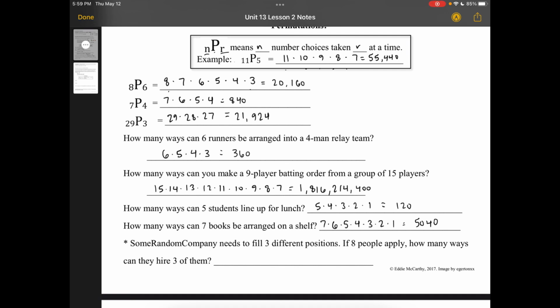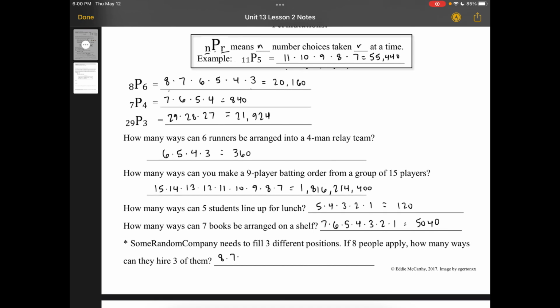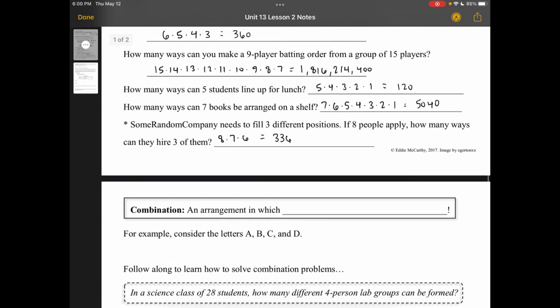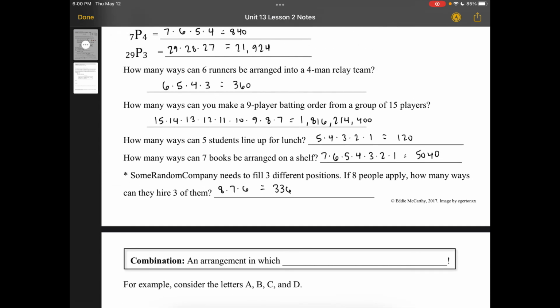That's going to be 8 choose 3, which gives us 8 times 7 times 6, which is 336. Hope this video was helpful. In the next video, again, we're going to be talking about combinations, which are different from permutations because the order does not matter.